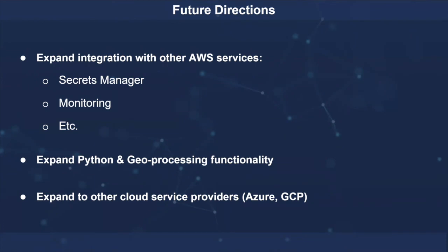It's really great to see that marriage of open source and enterprise. I firmly believe that they can live together and work together very well, and this process really demonstrates that. And in the future, I'd like to expand this to other cloud service providers.